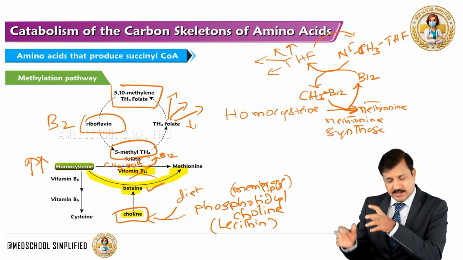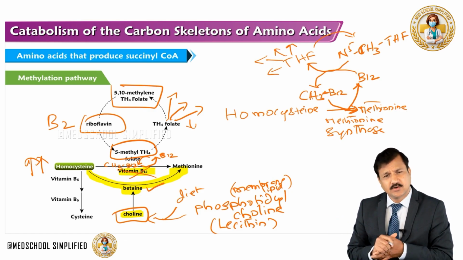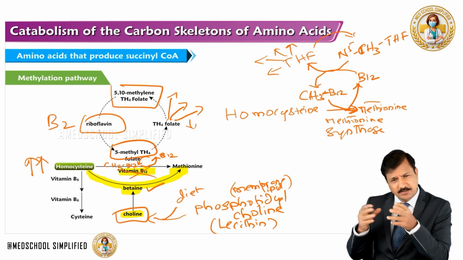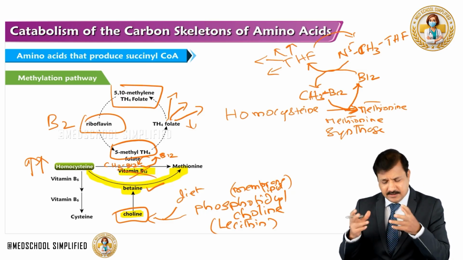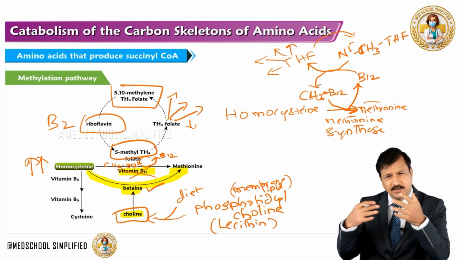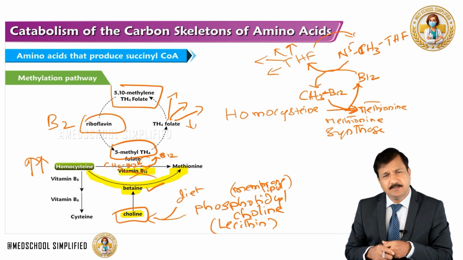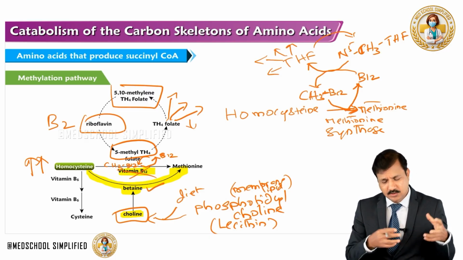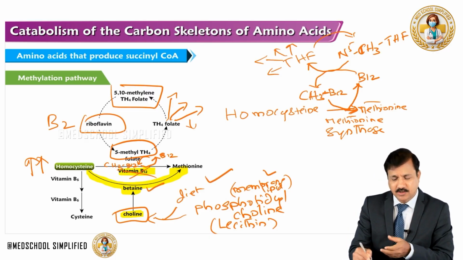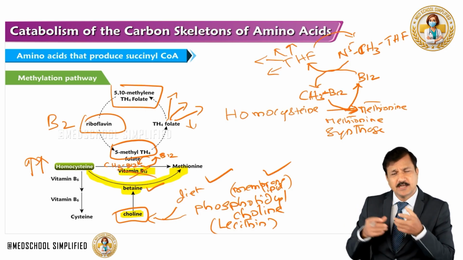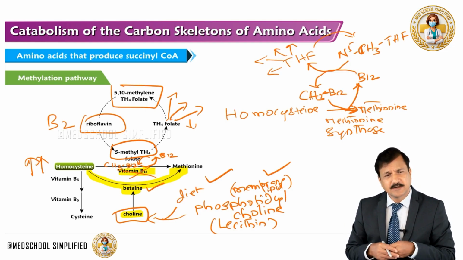And this choline has to come from phosphatidylcholine. It means we have to degrade that membrane lipid, phosphatidylcholine, to provide choline. If it is not coming from the diet, it has to come from the membrane. So the membrane has to undergo degradation there.